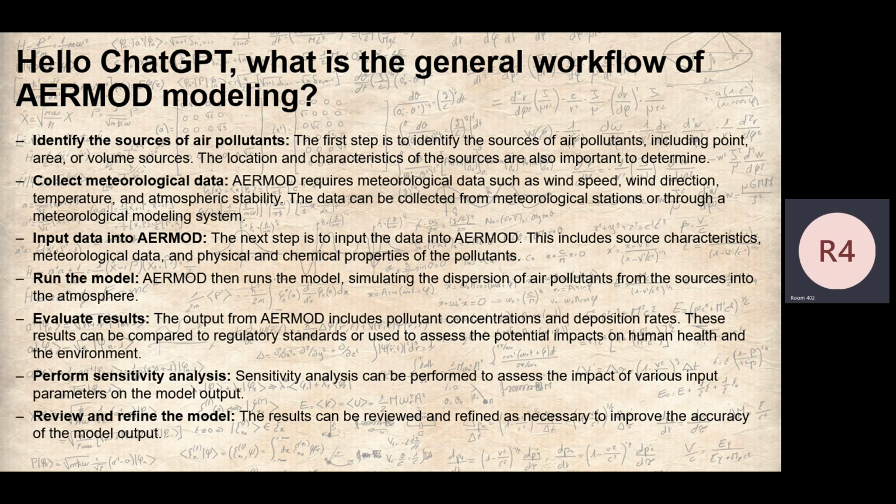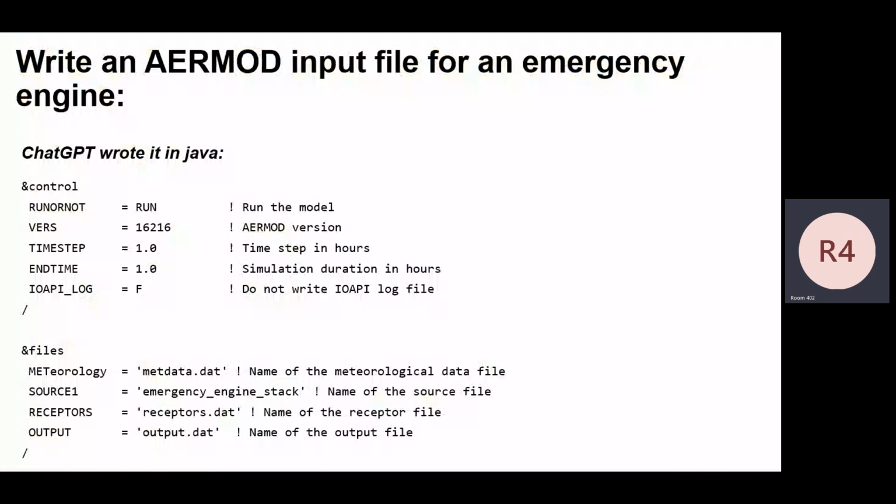Maybe it's talking about another model. So, how about writing an AERMOD input file? It does write something, but it actually writes in Java. We all know this is not the keyword format of an AERMOD input, but you can see it still makes some sense. It knows there is an AERMOD version 16216. I wonder why it doesn't use the most recent version.